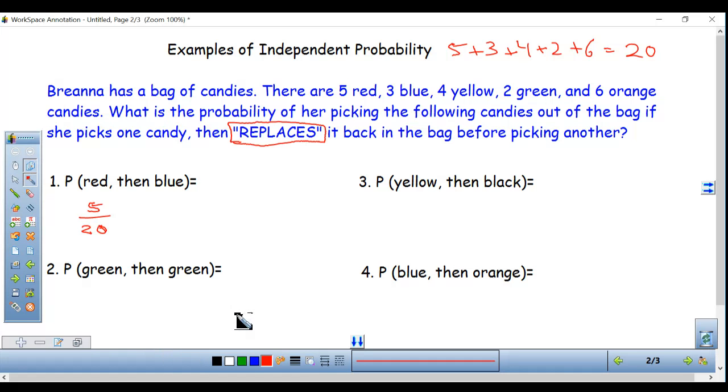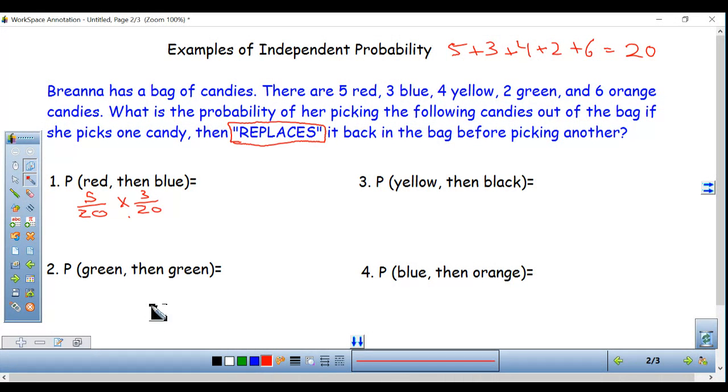Then blue. Okay, so I replaced the first red candy back in the bag. So there are still 20 candies in the bag. And how many of them are blue? 3. And what I'm going to do is I'm going to multiply. However, before I multiply, let me make more room here. Before I multiply, I want to simplify wherever I can.